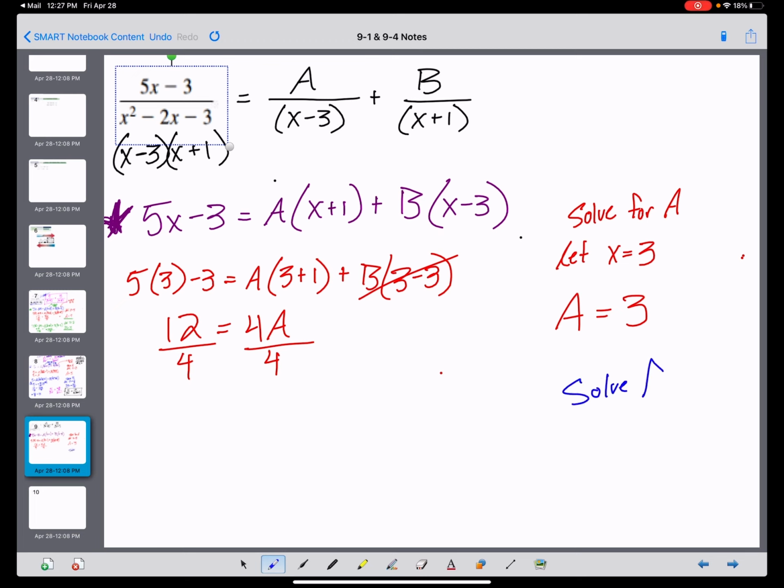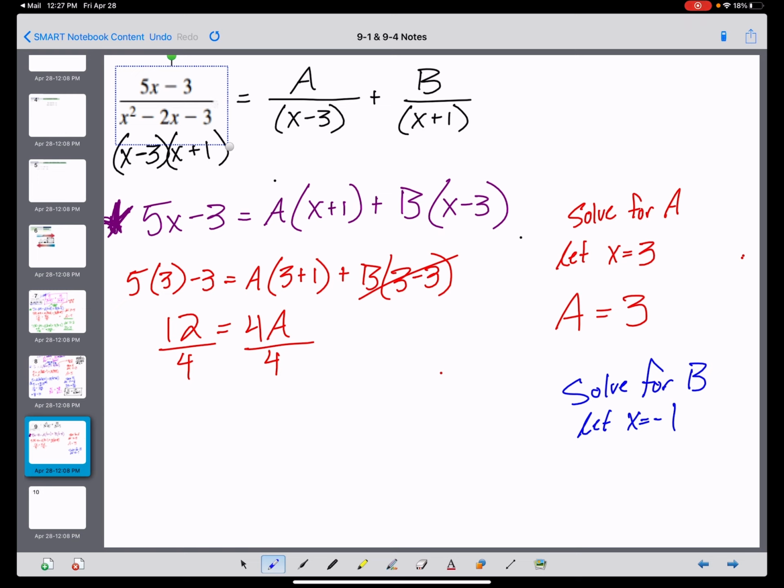Solve for B. What makes A go away? Well, A goes away when x equals -1, right? So let x equal -1.